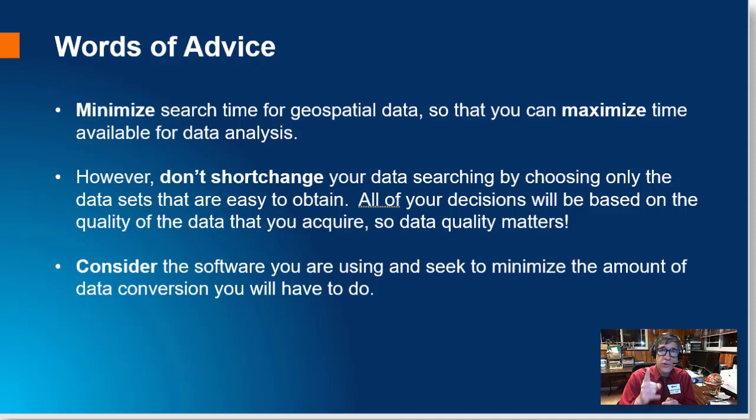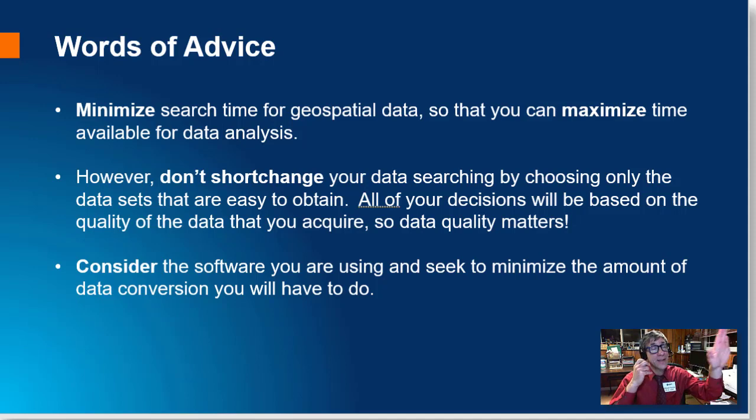Minimize the search time for geospatial data so that you will have maximized the time available for your data analysis. However, don't shortchange your data searching by choosing only the data sets that are easy to obtain. Best available data, BAD, is oftentimes referred to as bad data.